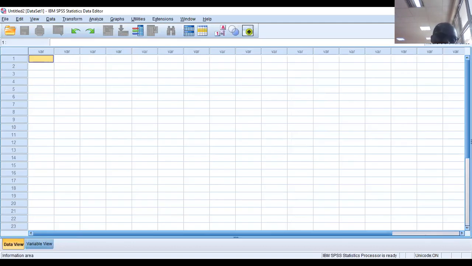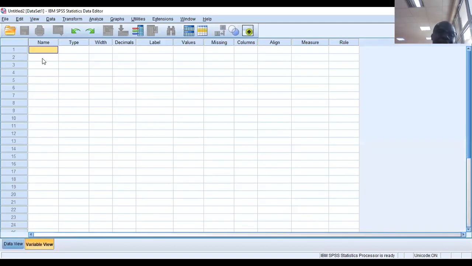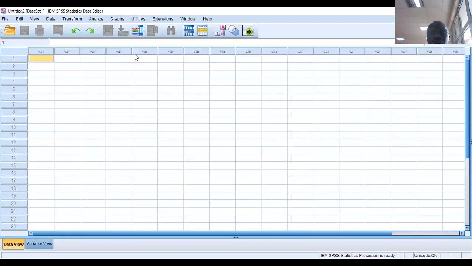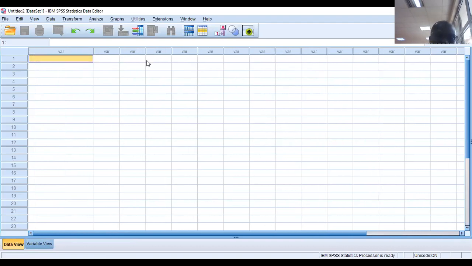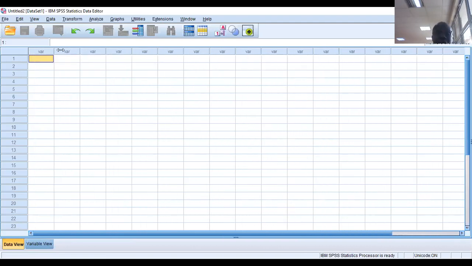So as you type your variable names here, these columns will correspond to the appropriate variable names. You can edit them the way you edit in Excel. You can enlarge columns, the same thing you do in Excel. But you can also define column width using the menu systems. So this is important.